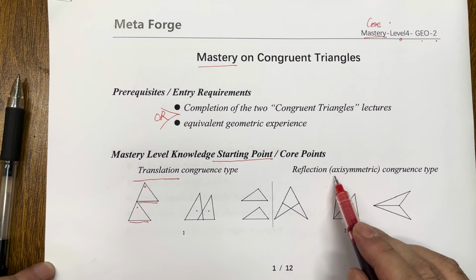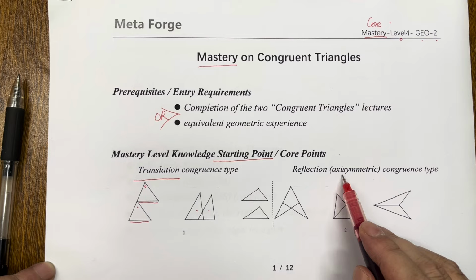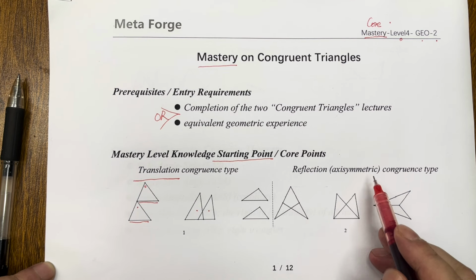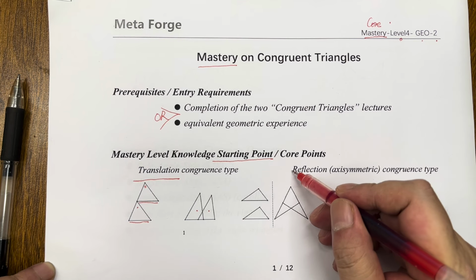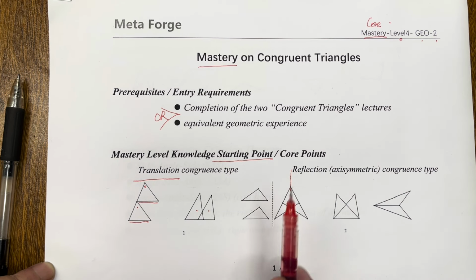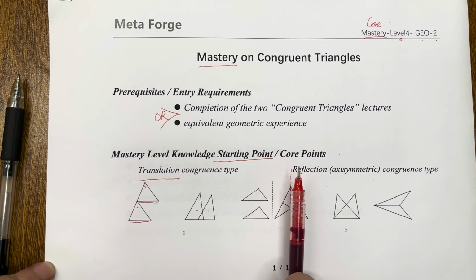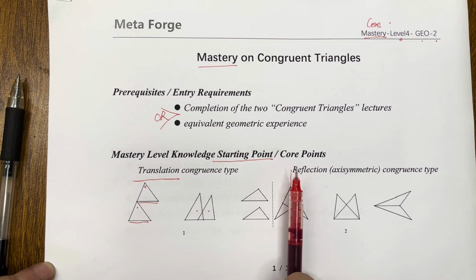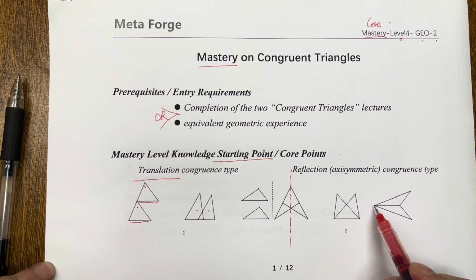It can be called axis symmetric too. It's symmetric with an axis. Yeah, this is the axis symmetric. Okay, this is 2.